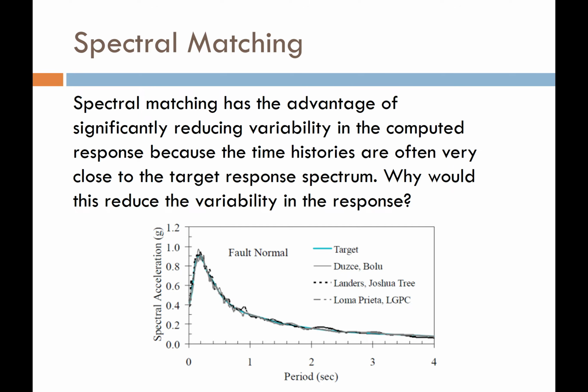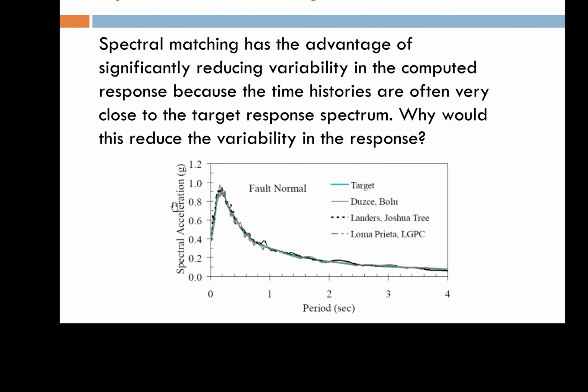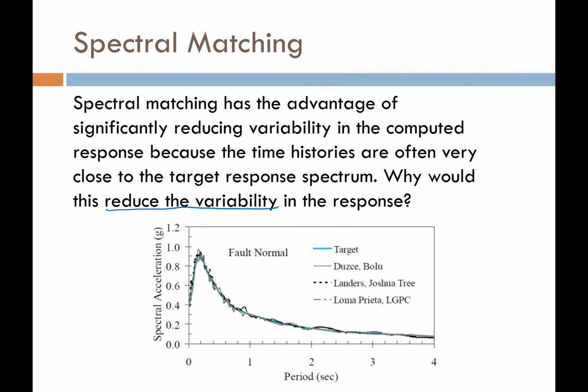So the whole idea and the main advantage of spectral matching is that we're trying to reduce the variability in the response. And why would using spectrally matching time histories reduce the variability in the response?